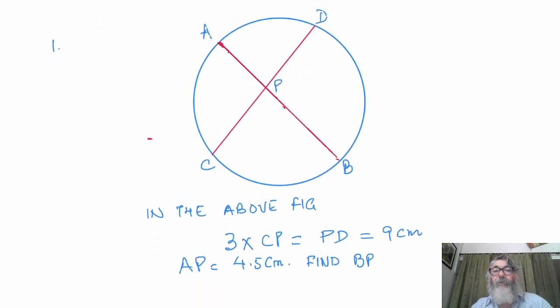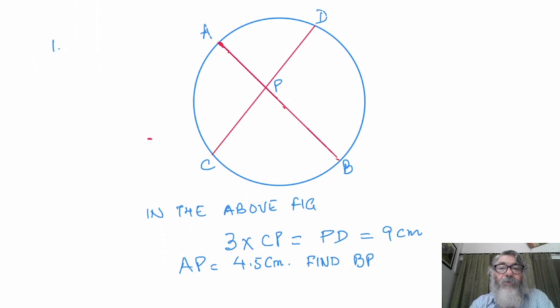Like you have problem number 1 on your screen. We have two chords AB and CD which are intersecting at point P. He has given you 3 into CP is equal to PD is equal to 9 centimeter, and AP as 4.5 centimeter.